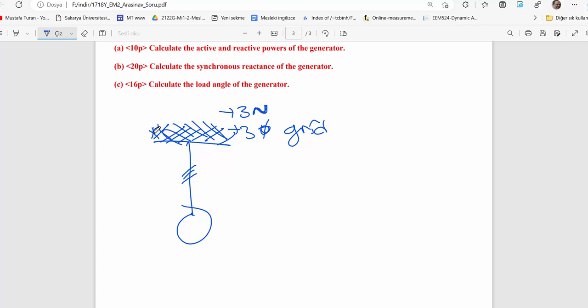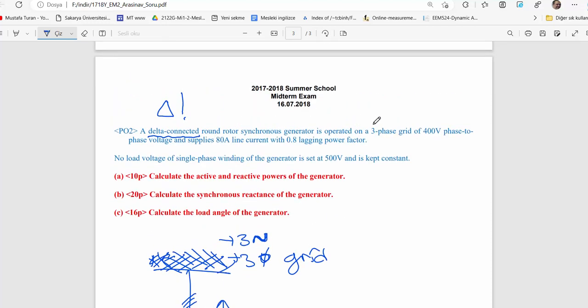Here's a three-phase grid. Our generator is possibly supplying the grid. It is operating on grid. It is operated on such a grid. Three-phase 400 volts. 400 volts phase to phase, line to line, between phases.